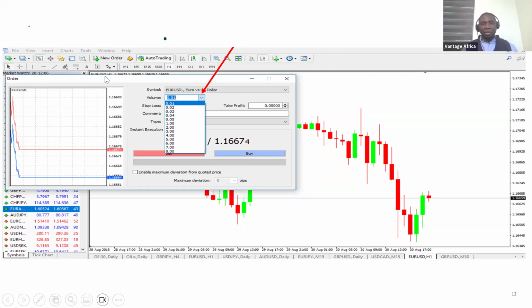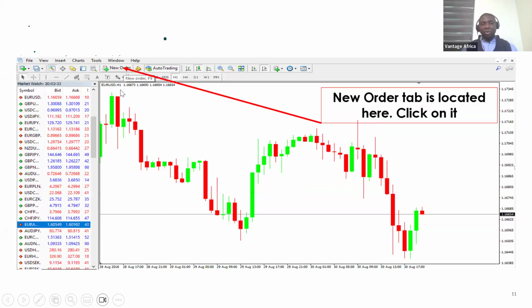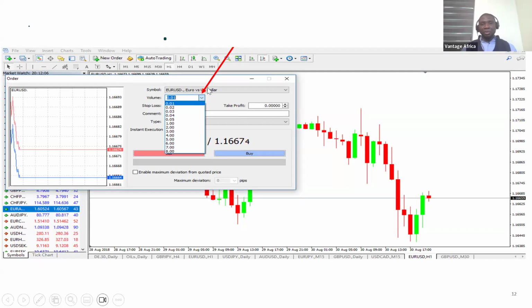Now remember, watch this. When you want to trade and you are on the currency, the chart automatically assumes that you want to trade on the current currency. So when you click on new order, the current currency is going to be there as default.